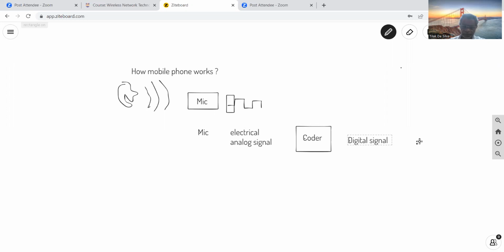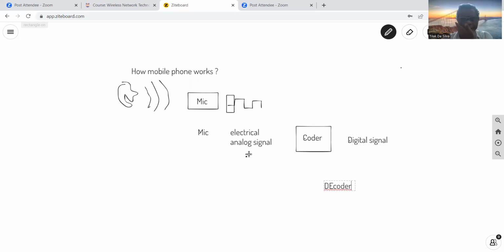At the receive end, that mobile phone has a speaker. Sorry, this digital signal is converted to an analog electrical signal by using another device called the decoder.